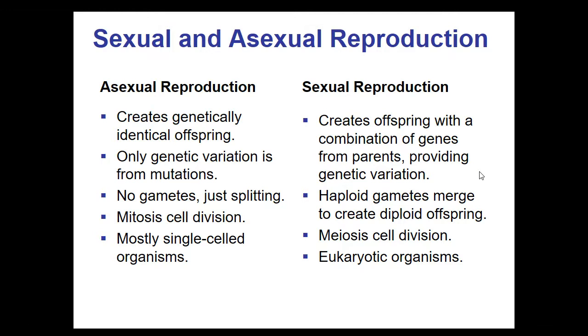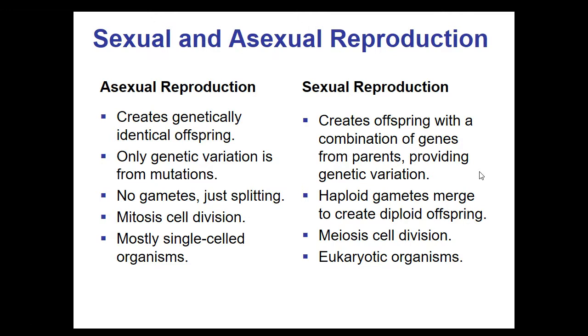Some animals, like sponges, a sponge is actually an animal, and some other lower animals like that will just grow what we would call a bud. So if this was a sponge in the ocean, it would grow a bud, and that bud would fall off and grow into a new sponge.